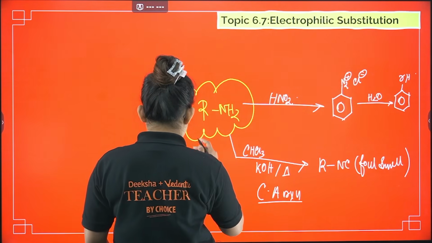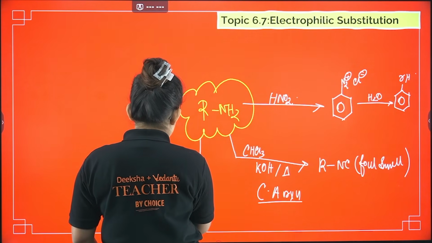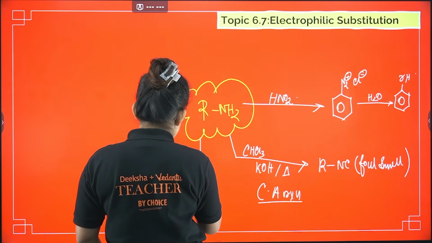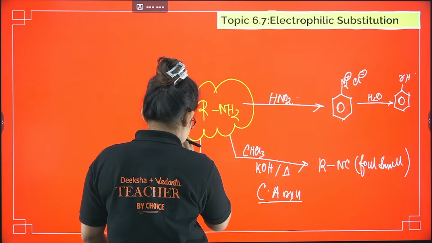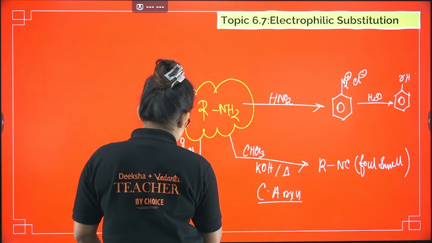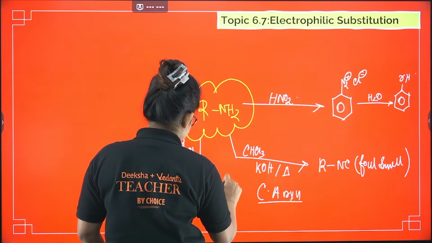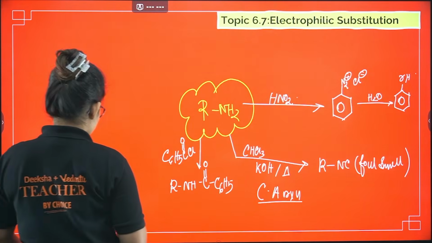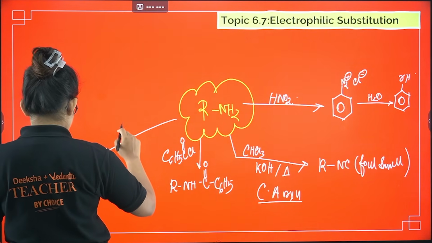Okay, let's proceed with the next one. Let's do some acylation type of reaction. Let me just treat this with C6H5COCl. Acylation type of reaction, so it will form RNHCOC6H5. Okay, let's proceed with some anhydride type of thing.